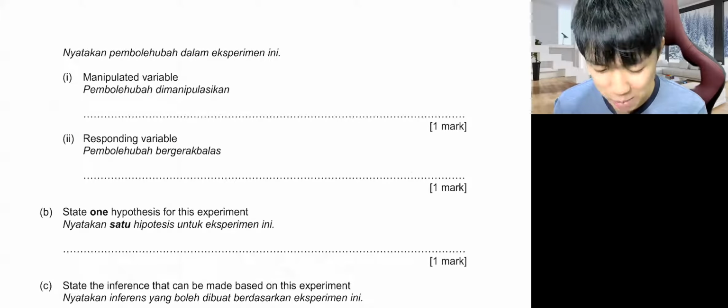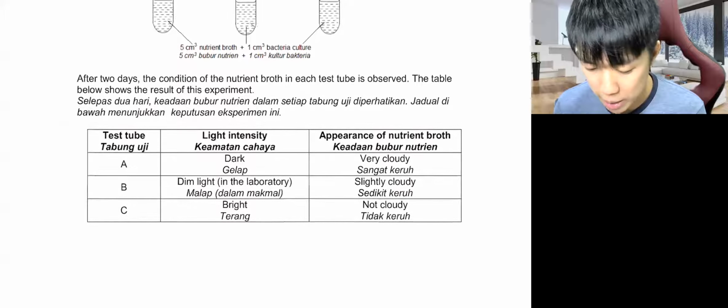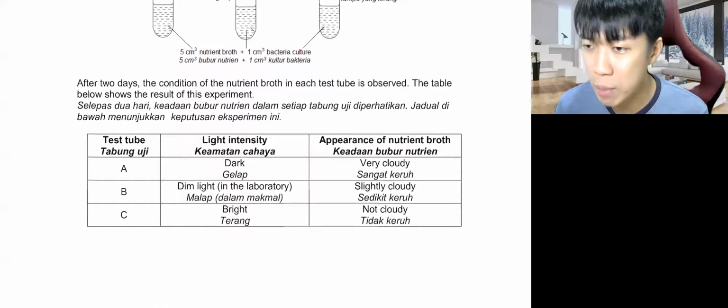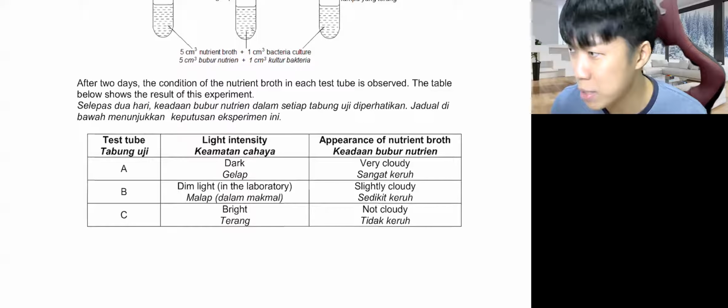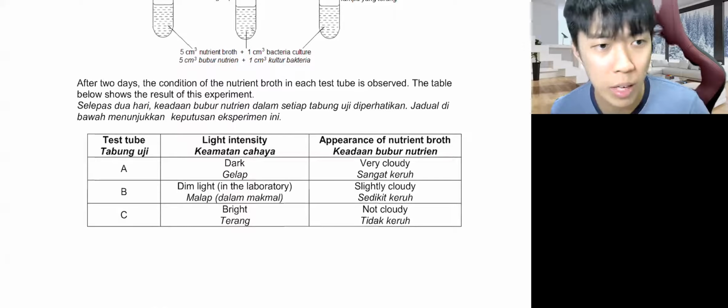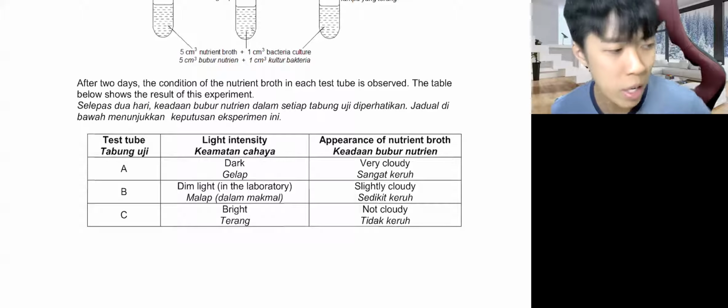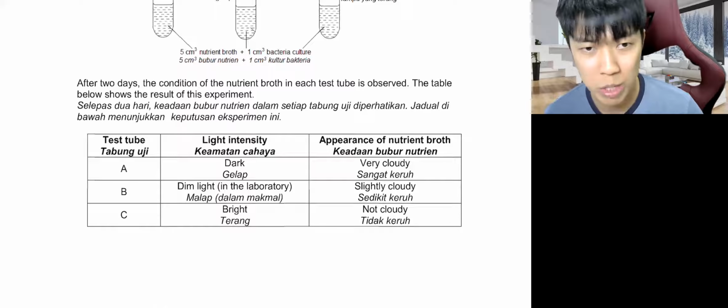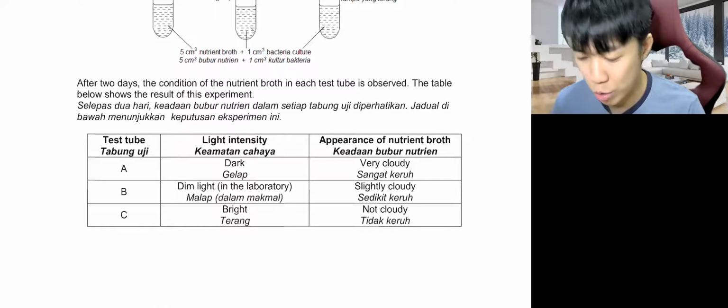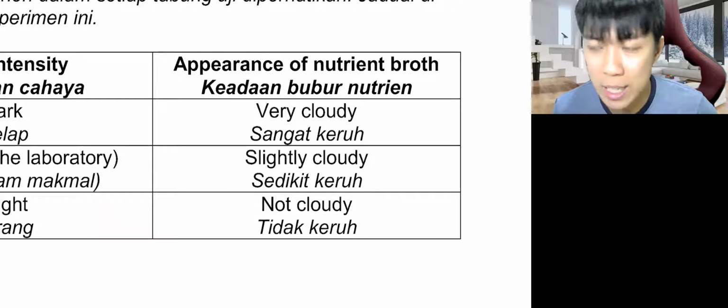Manipulated and responding is free from the table. You've been doing it so many times, I'm pretty sure you know. Your manipulated will be your factor, and your responding will be your result. But I suggest let's be more specific.